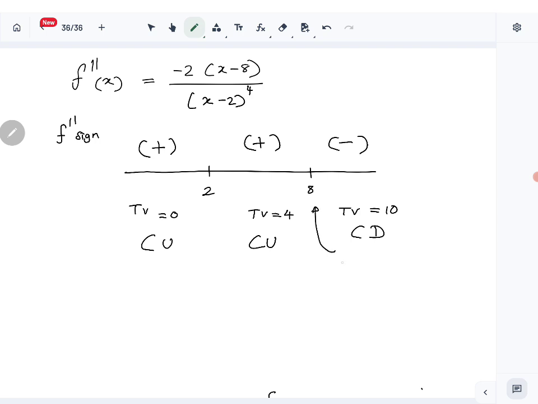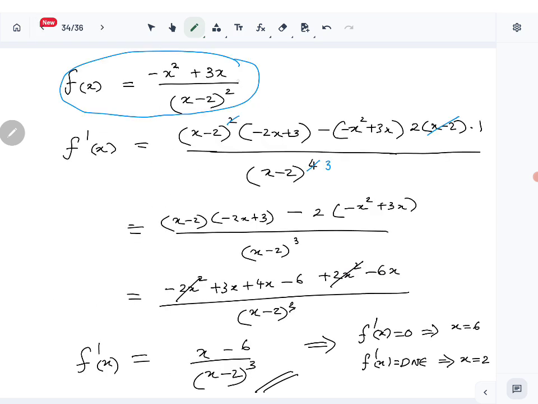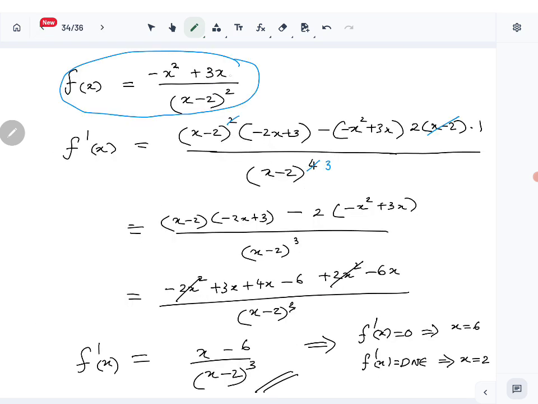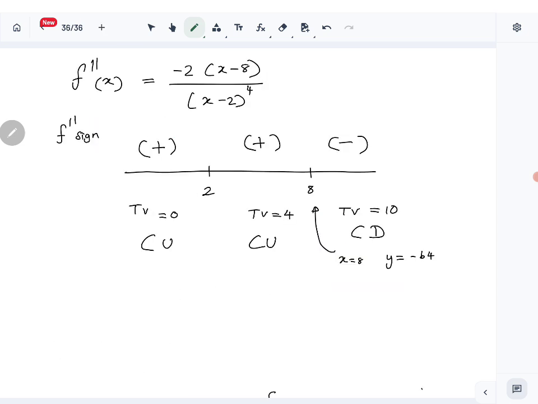So we'll find the y value. x equals 8. So the corresponding y value is what? Substitute into the function. This one. So minus 8 squared is minus 64, minus 64, plus 3 into 8 is 24.